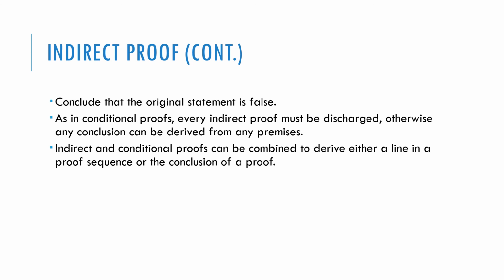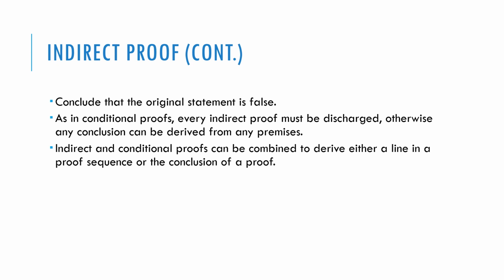We want to make sure that when we use indirect proofs, we're concluding that the original statement is false. So as in conditional proofs, every indirect proof must be discharged, otherwise any conclusion can be derived from any premises.